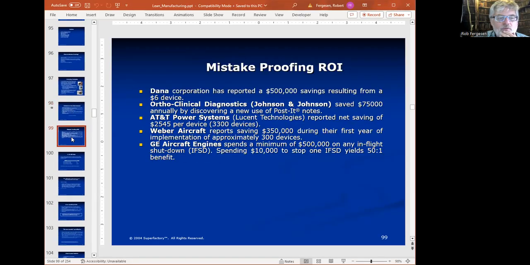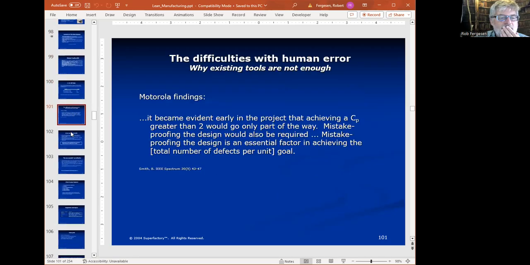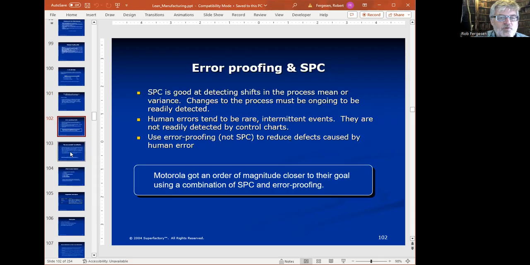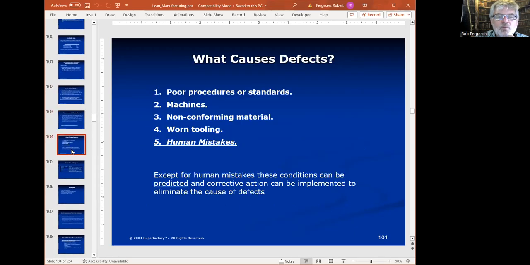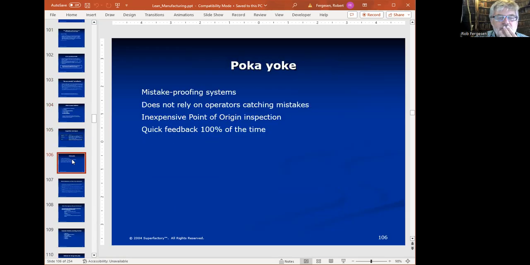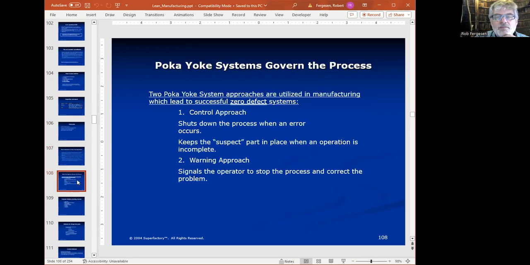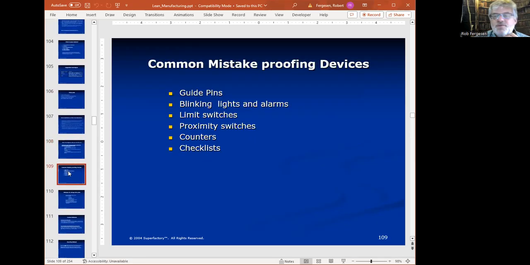So let's skip through some of the examples they give, since our mistake proofing is pretty much focused on the robot. It should be our approach to all robot systems that we constantly poka-yoke.